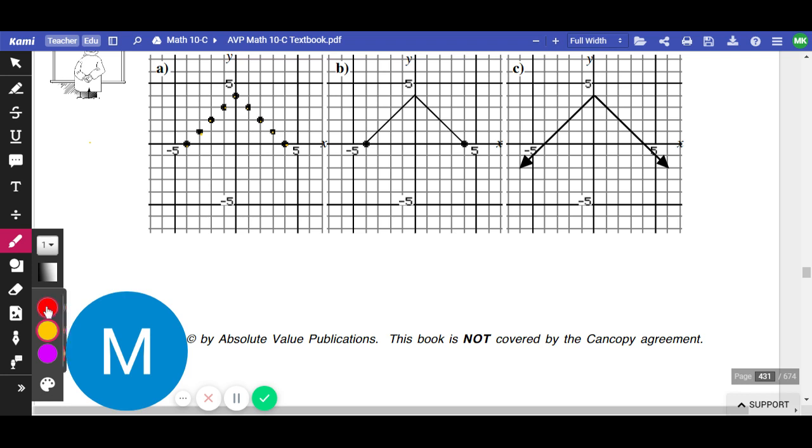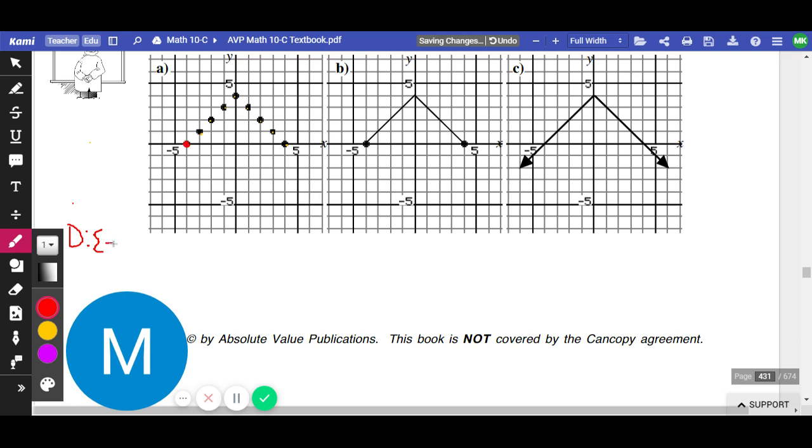So for domain, I go domain is, and then a curly bracket. If I look at this graph, and I ask myself, which one of these points would have the lowest x value, it would be the point that's furthest left. This one has the lowest x value.